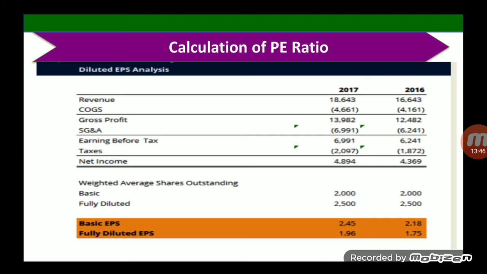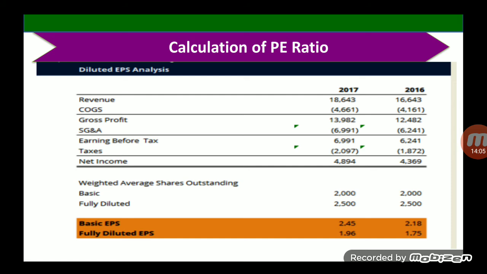To calculate basic EPS, revise the formula of basic EPS: net income divided by basic shares, or the average of basic shares.